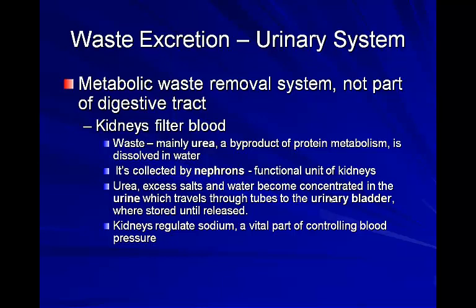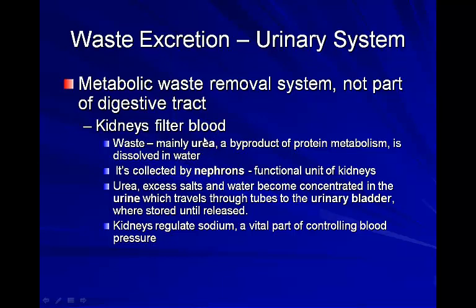So blood gets filtered through the kidneys, and in the kidneys, the blood will release its byproducts from metabolism. Mainly urea is the major product that it releases from protein metabolism. This is a waste product that is highly toxic to us in high concentrations.